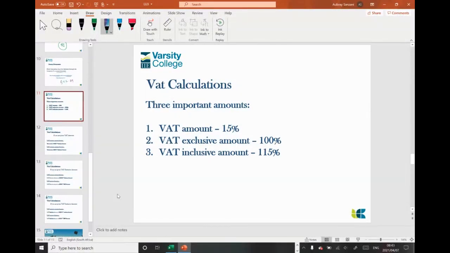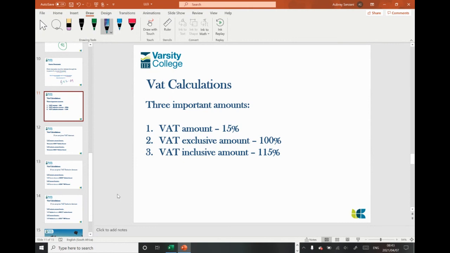Then this is the last bit that we need to touch on before we break for a breather. All I want to highlight here is the easiest way to do back calculations.